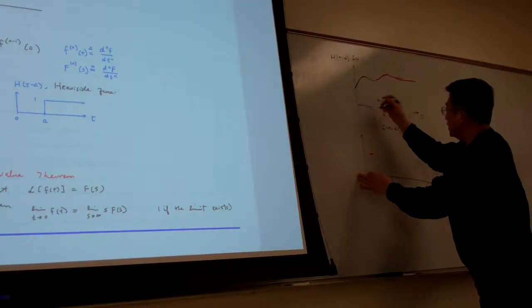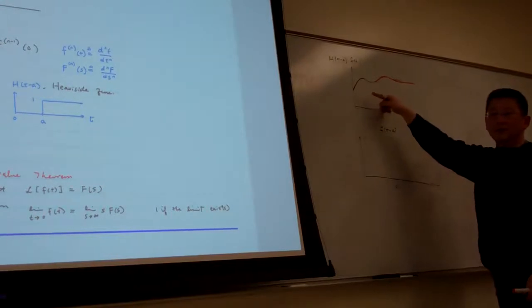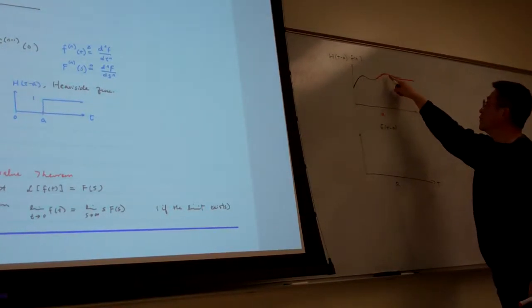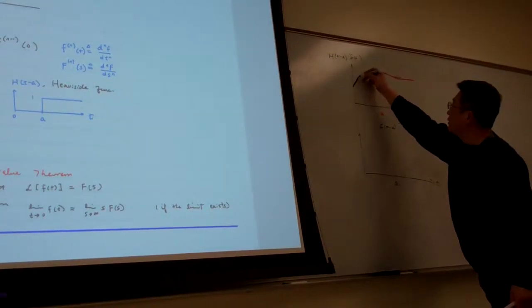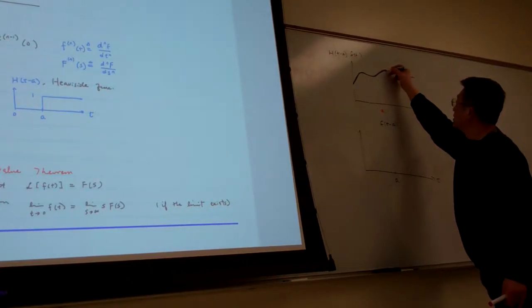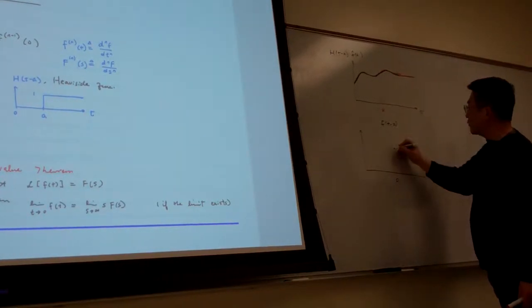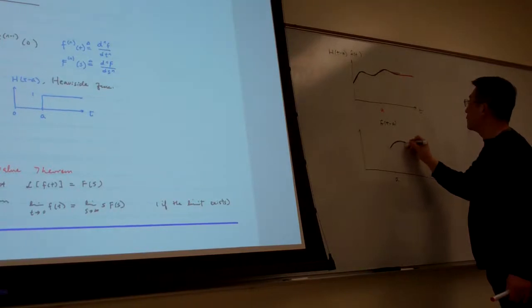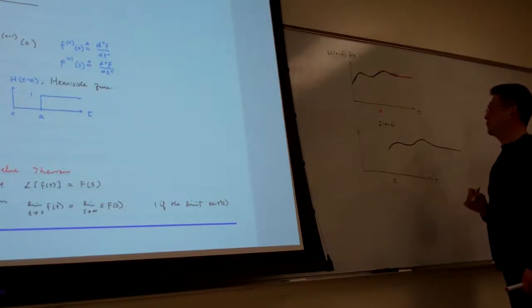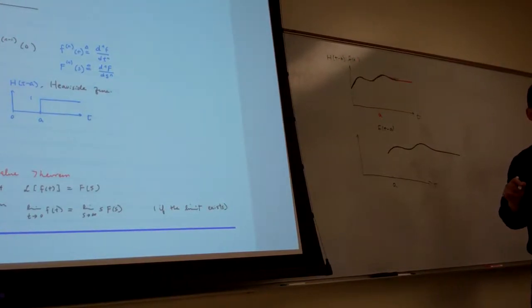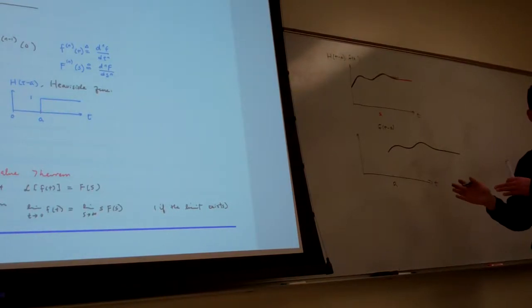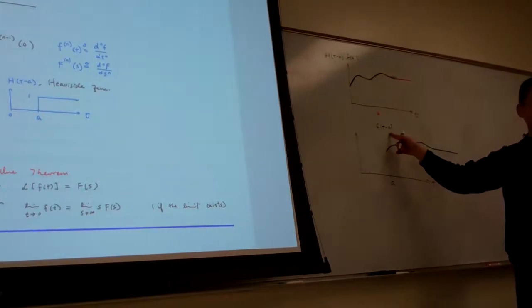If I have PowerPoint, I can copy this black curve and move it to here. That is called shifting in the time domain. That is the meaning of this one.